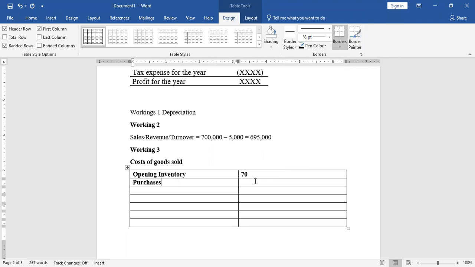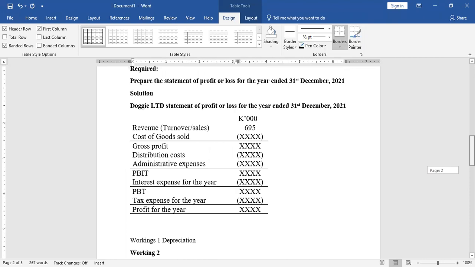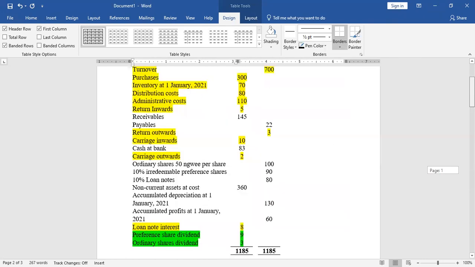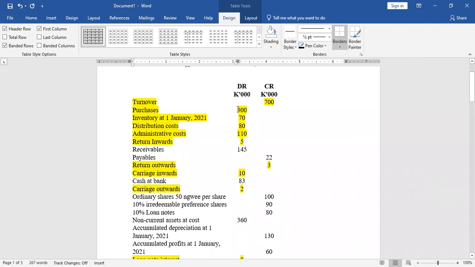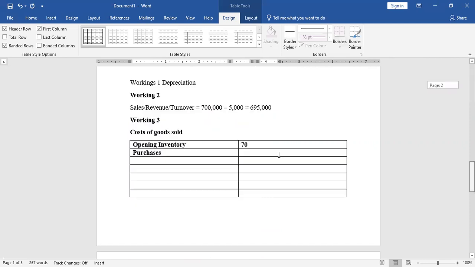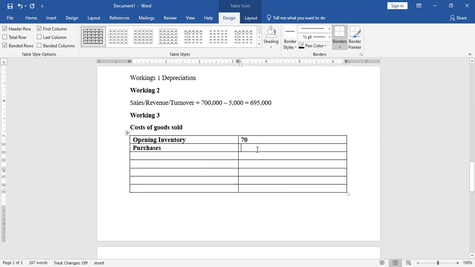Purchases, I'll bring here. Where are the purchases? The purchases is 300. So we have opening inventory plus purchases.